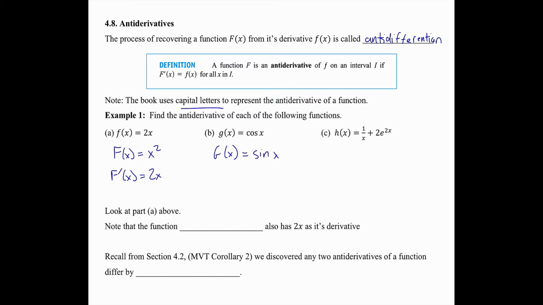In order to make sure, just take the derivative of G of x, and indeed we do get cosine of x. Now these two were very basic functions where we really didn't even have to think about the chain rule. But here in the case of C, we actually have a sum of functions, and indeed we have something going on where we have a composition in the last case.